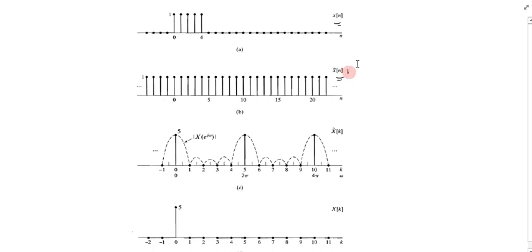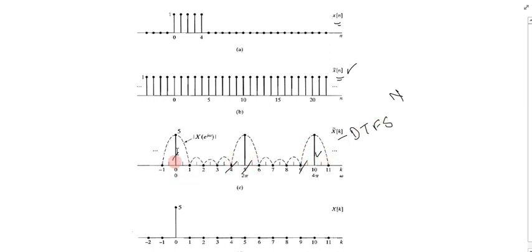You can calculate its discrete time Fourier series, which is periodic with period n. So you can see here, this is periodic from 0 to 4, then 5, and this is being repeated.